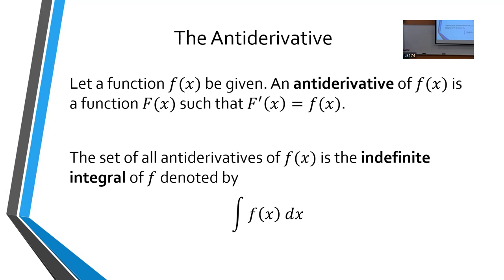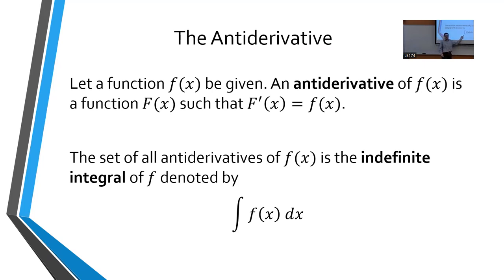So the concept of the antiderivative is essentially just that. We start with a function and we say, what function could I take a derivative of and get the thing I'm given. All right, so I have to reverse the derivative process. And the notation for that is an indefinite integral.